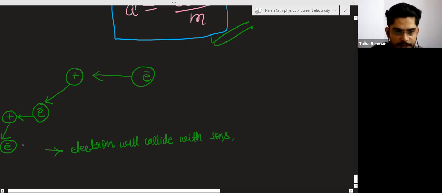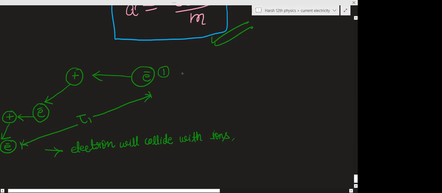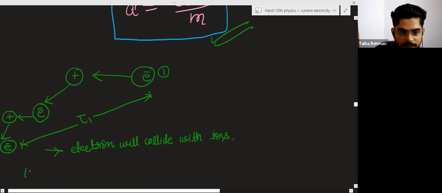So from here to here, the time taken I am taking as tau 1. Why tau 1? Because I am supposing this is electron 1, and we have n number of electrons. So tau 1 is the relaxation time for electron 1.